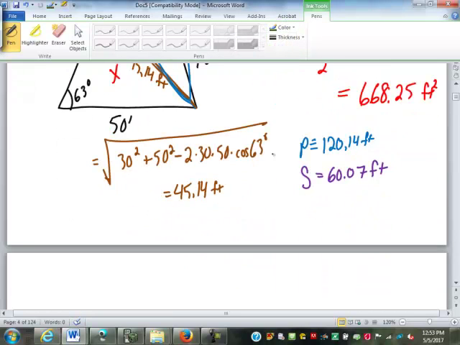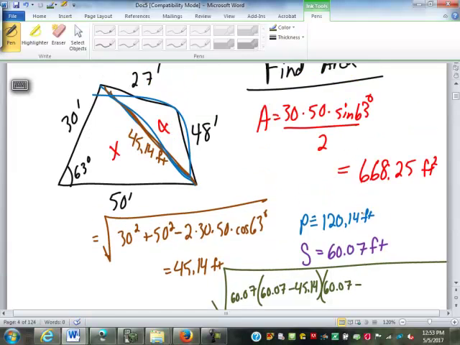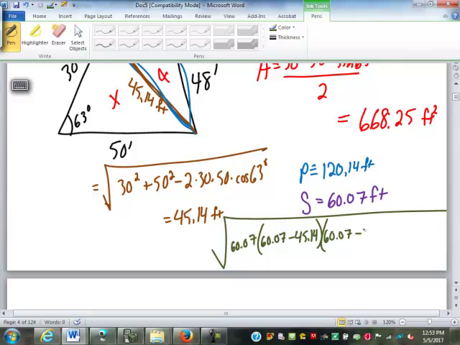So therefore, the area of that piece must be the square root of 60.07 times (60.07 minus 45.14) times (60.07 minus 27) times (60.07 minus 48).